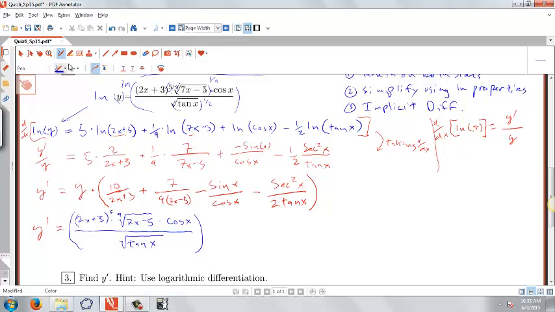So I'm going to go back to red to write the rest of our derivative. So this is going to be 10 over, oh, you know what, I'm going to cheat. Since I have a tablet, I'm going to use it.